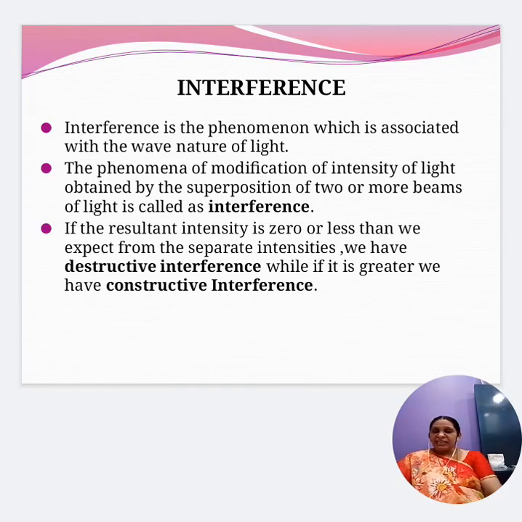If the resultant intensity is 0, or if it is less than we expect from the separate intensities, we have destructive interference, while if it is greater, we have constructive interference. So interference is of two types, constructive and destructive interference.